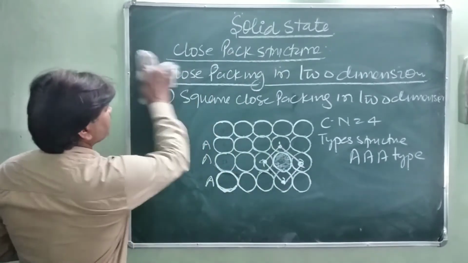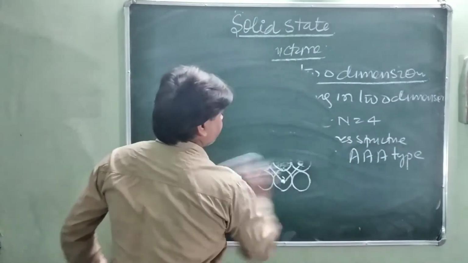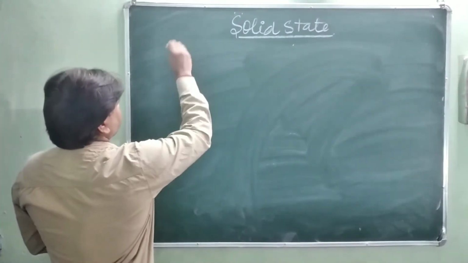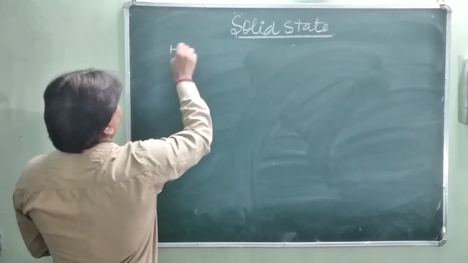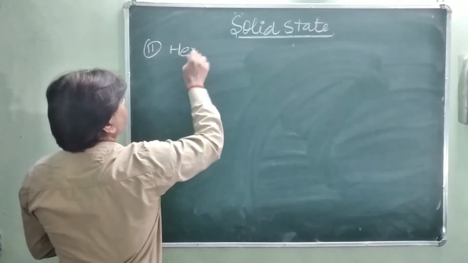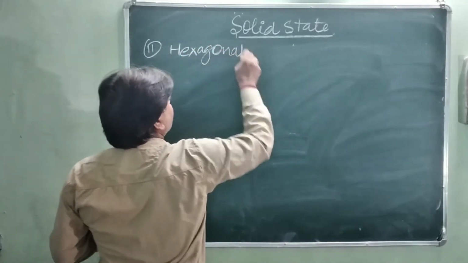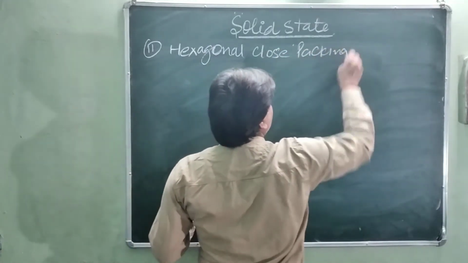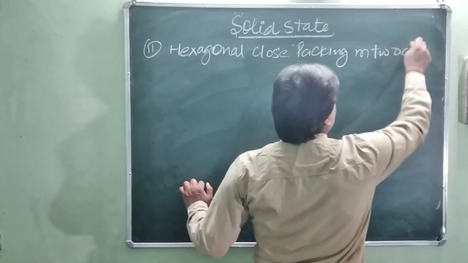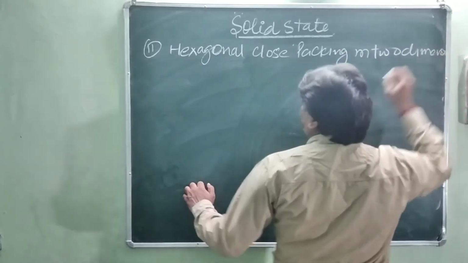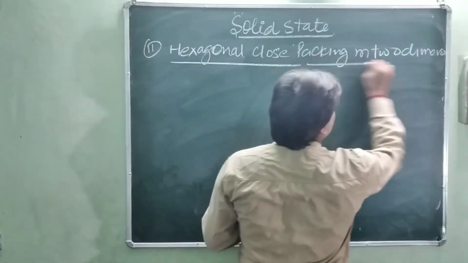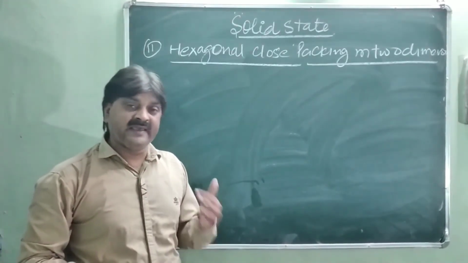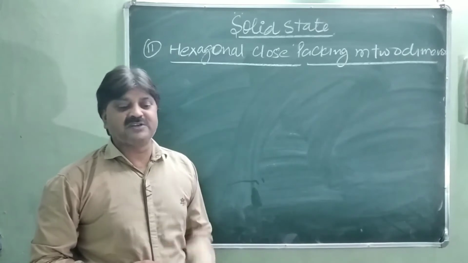Another way in two dimensions: hexagonal close pack structure. Hexagonal close packing in two dimensions is more efficient as compared to the square close pack structure. Why? Because their placement is not like the AA type. This is the AB type of placement of structure in this way.